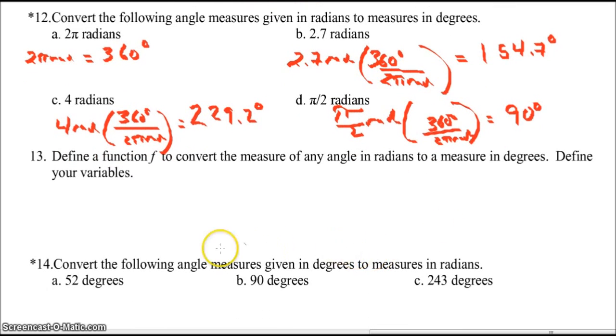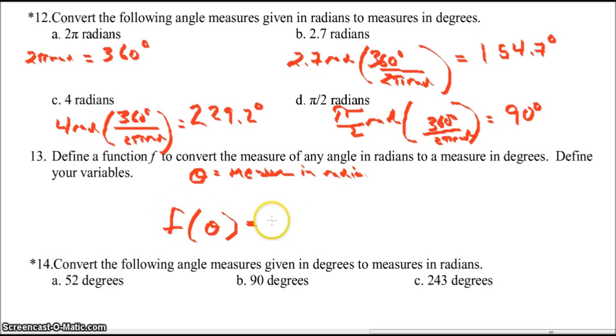Define a function f to convert the measure of any angle in radians to a measure in degrees. So if theta is the measure of the angle in radians, then you want your degrees. Well, f of theta would just be theta times 360 degrees over 2 pi.